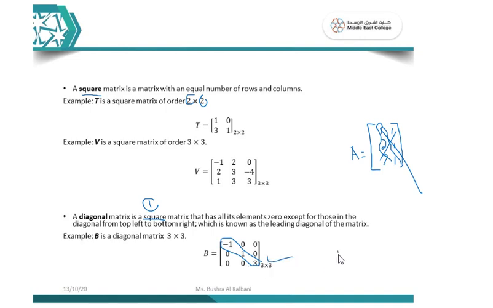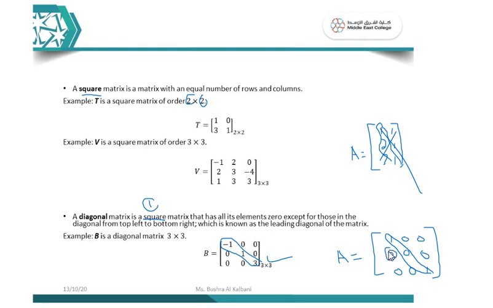But otherwise, if you have a matrix, for example A is equal to 1, 0, 0, 2, 0, 0, 0, 0, 1, this is a diagonal, and this is not a diagonal matrix because of the 2.